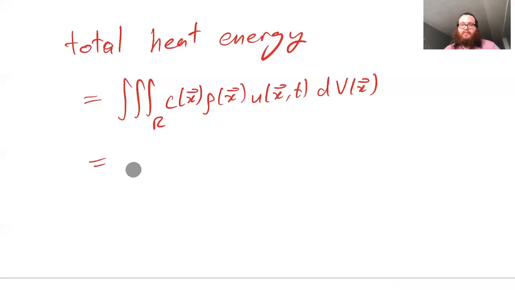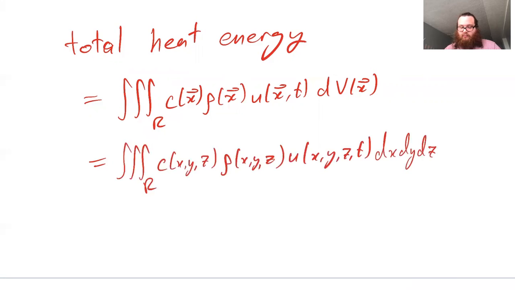Multiply by volume. In the end, we get thermal energy. Okay. And since we're integrating over all of R, we get the total thermal energy in that three-dimensional region R. Okay. So here I've written these as vectorial arguments. If you want, you can write everything out in terms of x, y, and z. But yeah. Okay, so that's the total heat energy.